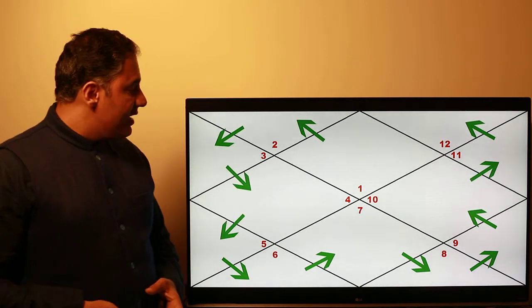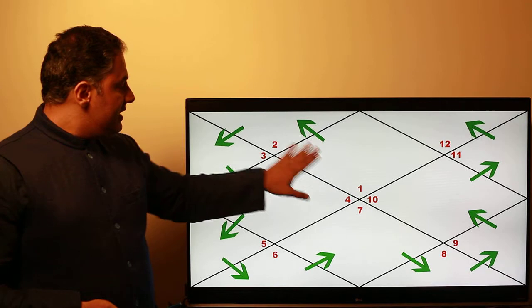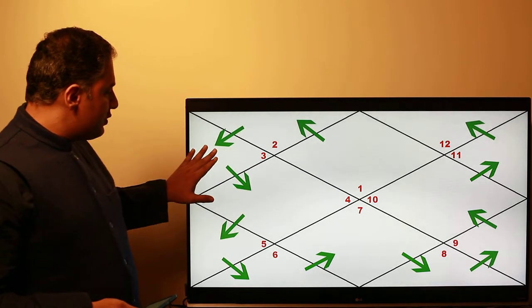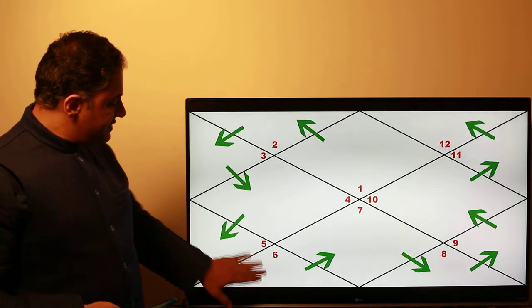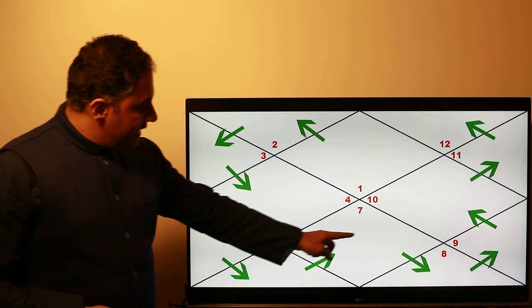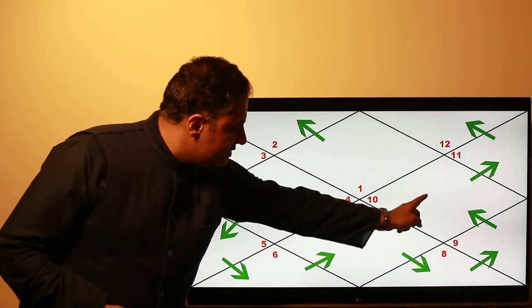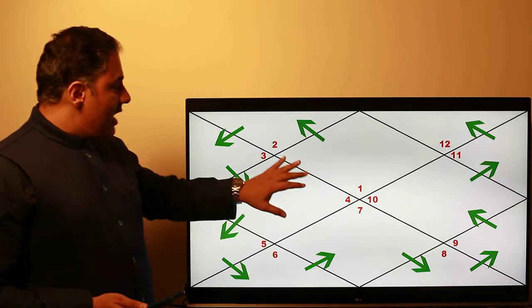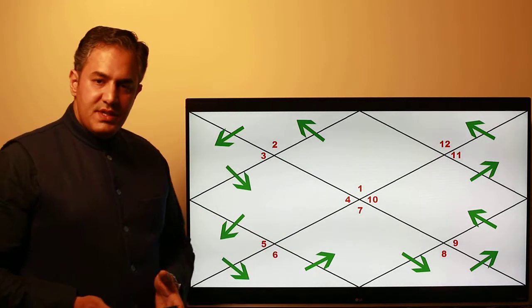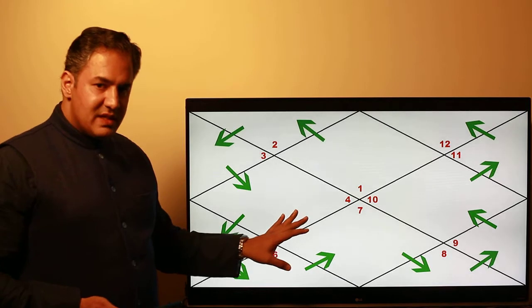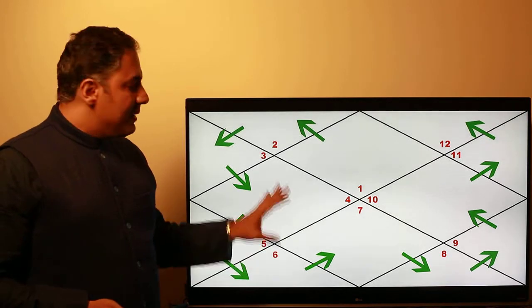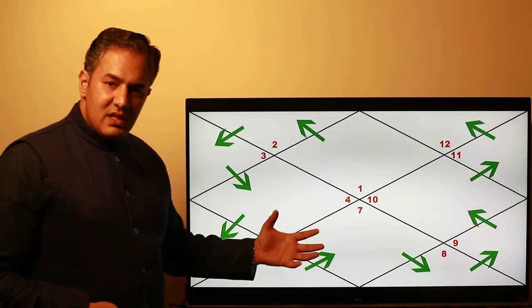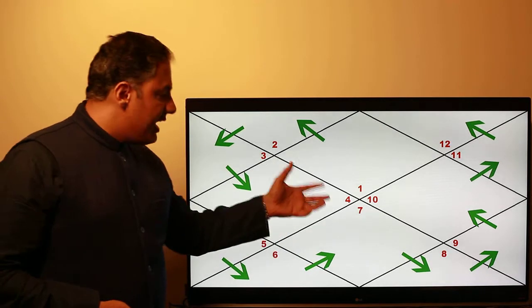This is the first house, this is the second house, then it comes to third, fourth, fifth, sixth, seventh, eighth, ninth, 10th, 11th and 12th consecutively. So this is an anti-clockwise system of houses. The houses will always remain fixed. I'm saying it again, but the signs, the zodiacs, your planets, they will change.